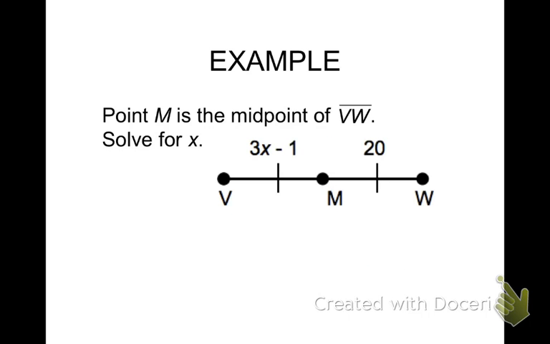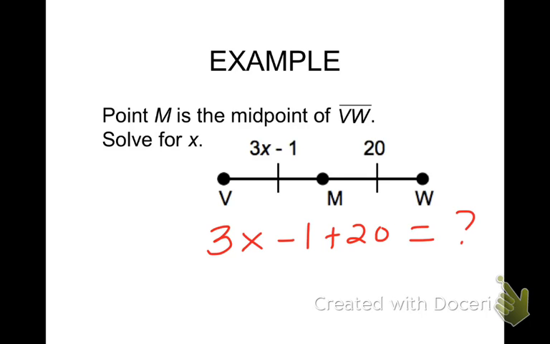Okay, so then let's add some algebra into our world, just like we were doing earlier, but not quite. Because M is the midpoint of VW, that makes this length congruent to this length. Would I want to use segment addition? Maybe. This plus this, so I could, don't write this because this is not right. I could do 3x plus 20 equals, well, equals what?